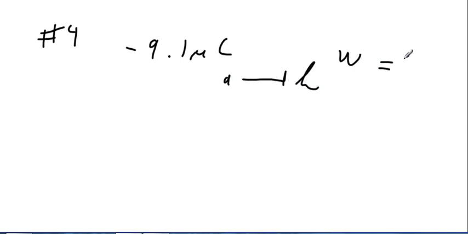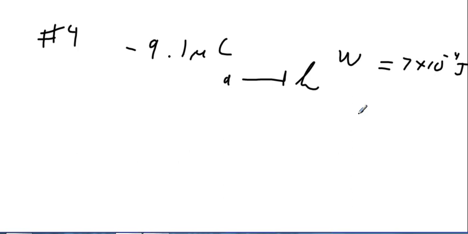Number 4, as I was saying, the work done by an external force to move a minus 9.1 microcoulomb charge from point A to point B, the work done is 7 times 10 to the minus 4th joules.